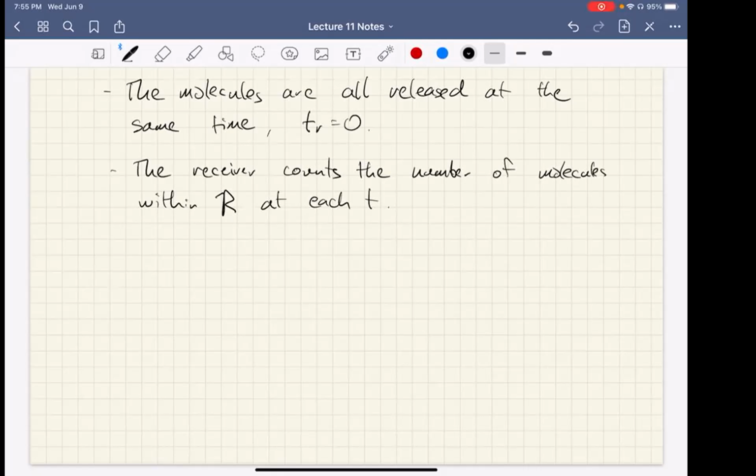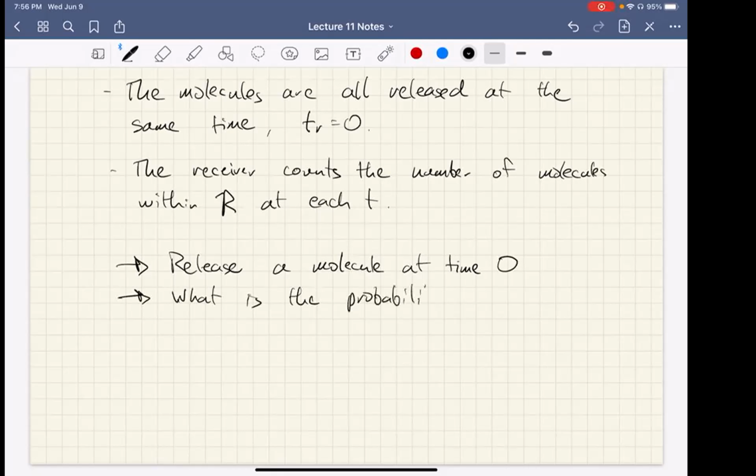So what this boils down to, remember from a few lectures ago, is: what's the probability that if I release a molecule at time 0, it is within the receiver at time t?